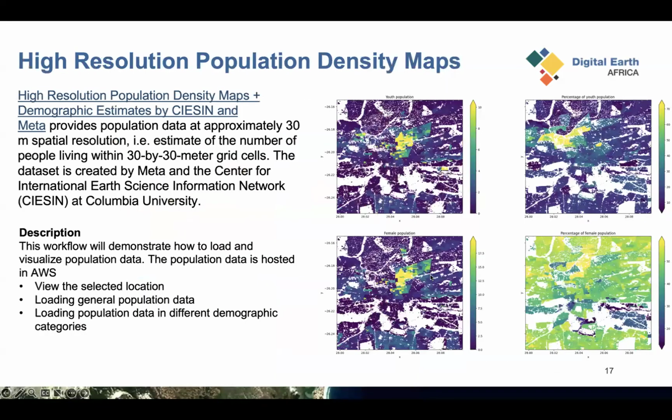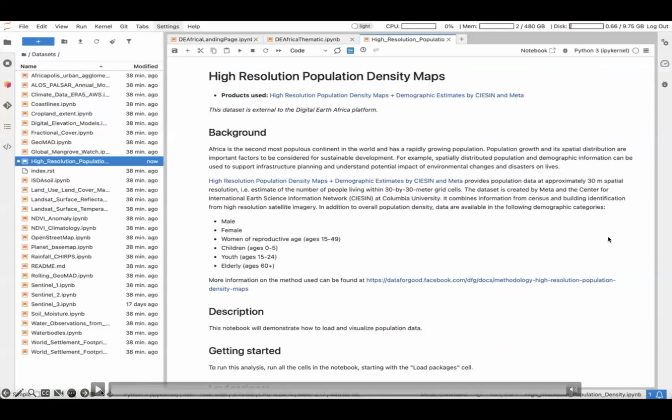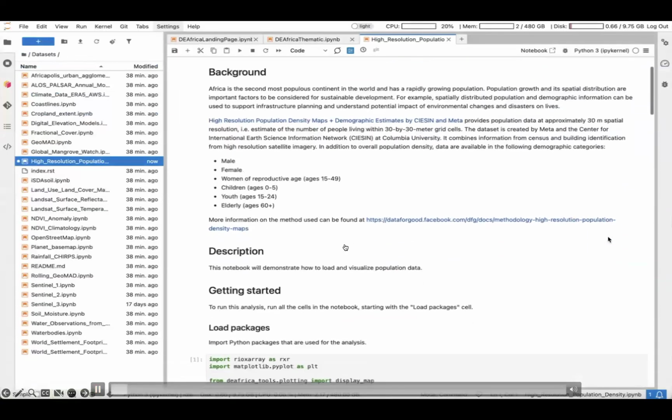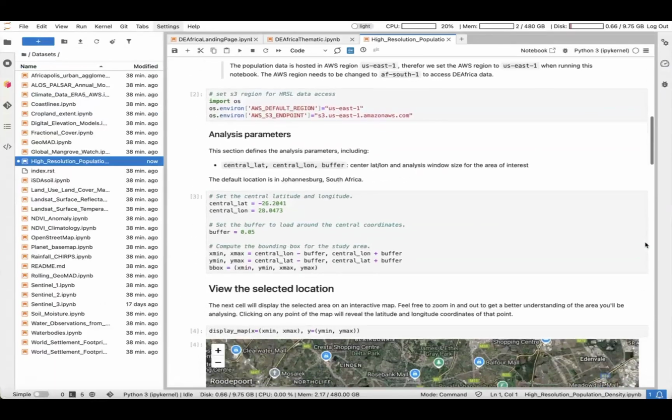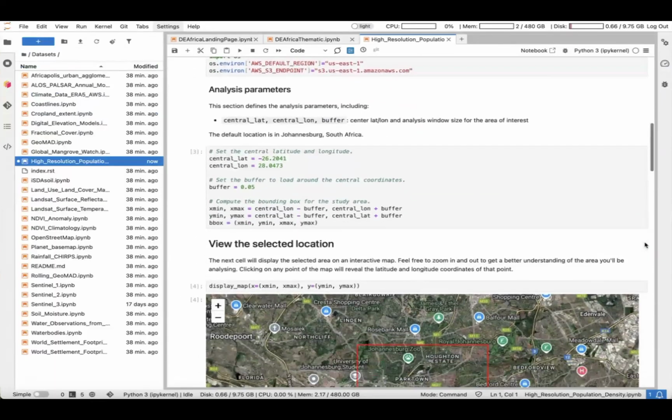So we also have the high resolution population density maps adopted from CIESIN and Meta as well. And this one is just experimental as well, because the dataset is loaded from AWS, and we have the notebook under the datasets folder, high resolution population maps.